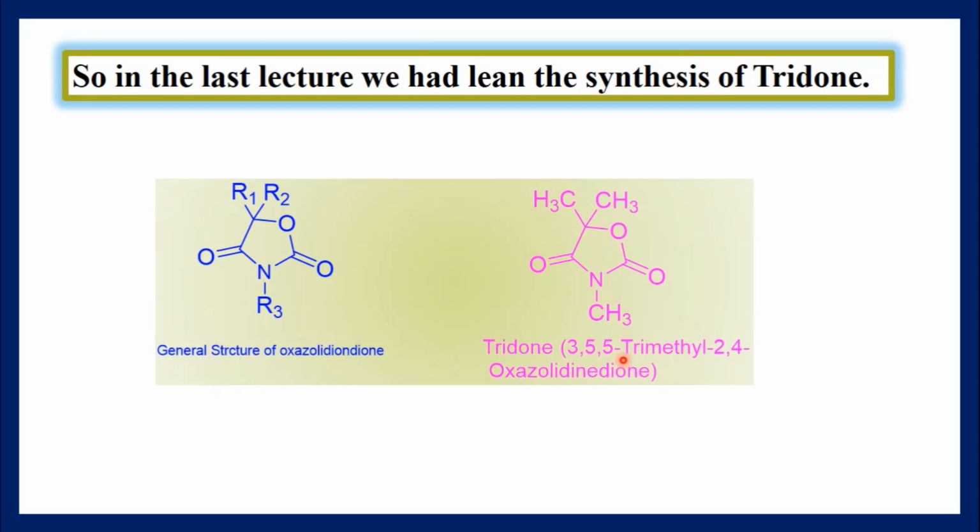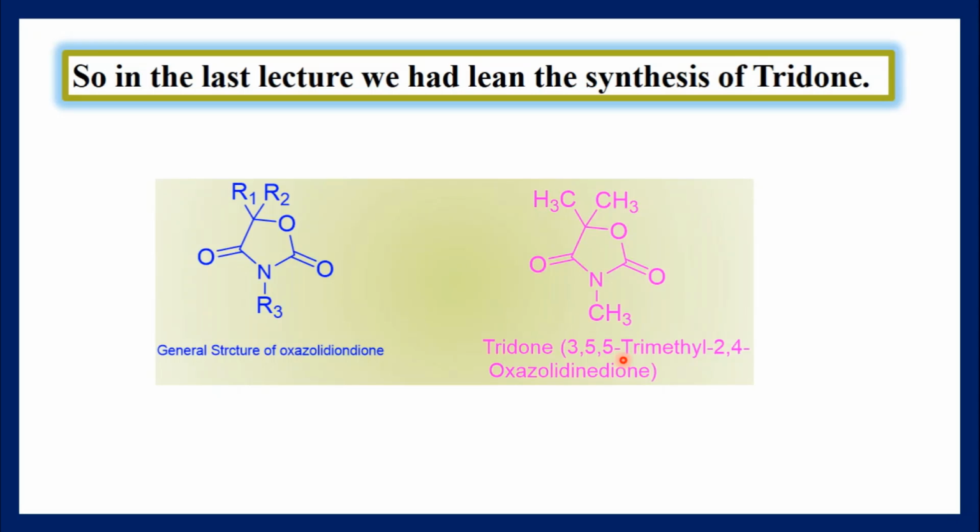Tridone is used in the treatment of grand mal epilepsy, and in combination with phenytoin, it is used in the treatment of petit mal epilepsy when other drugs are ineffective.